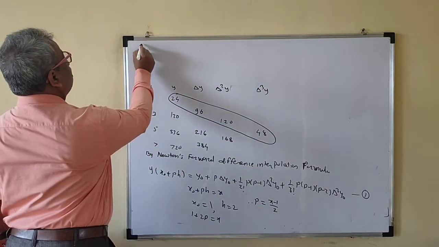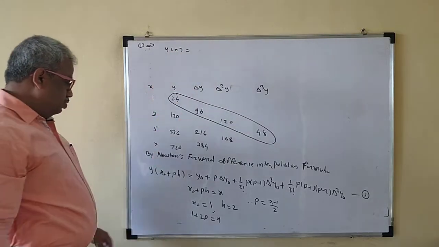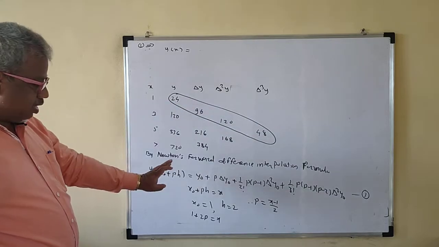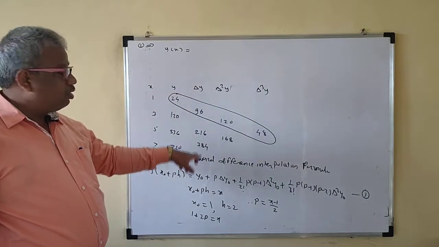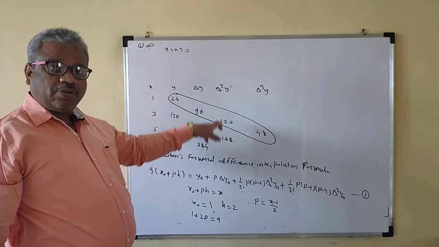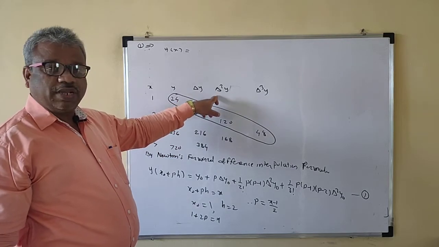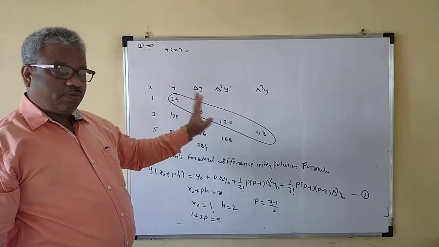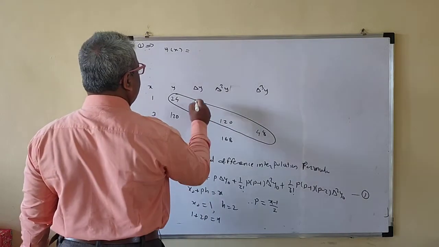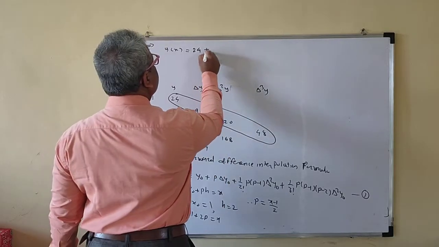So 1 implies that y of x is equal to. So y naught means the upper value in the column of y. Then delta y naught means the upper value in the column of del y. So del square y naught means the upper value in the column of del square y. So there is only one value. Okay. So y naught is 24, plus p. What is p?